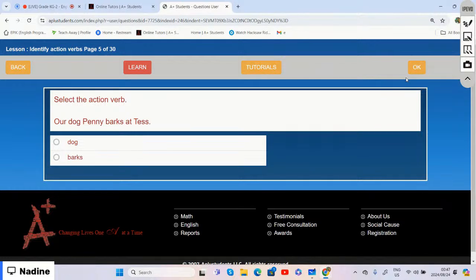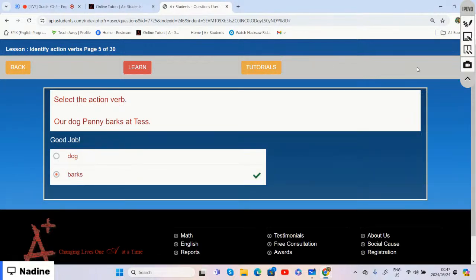And if we choose the last one, we can say our dog Penny barks at Tess. So barks is our correct answer.